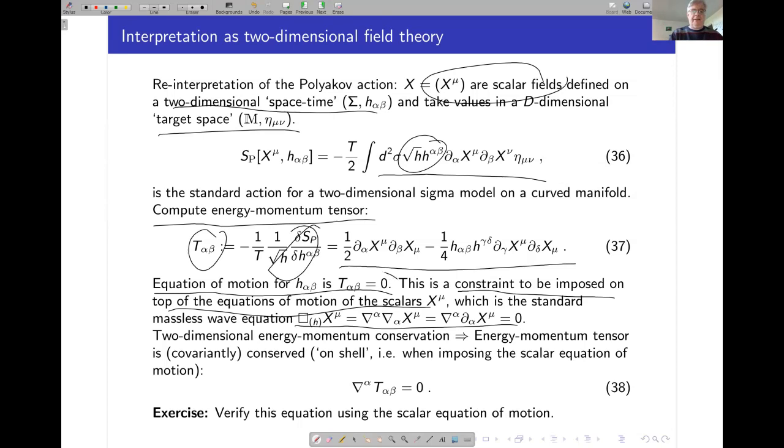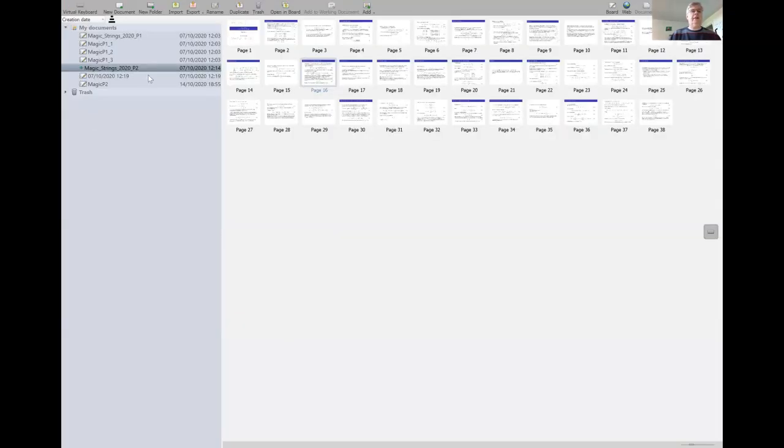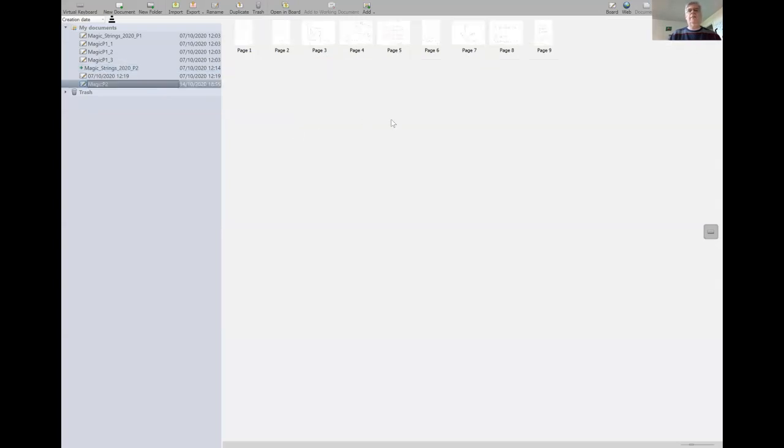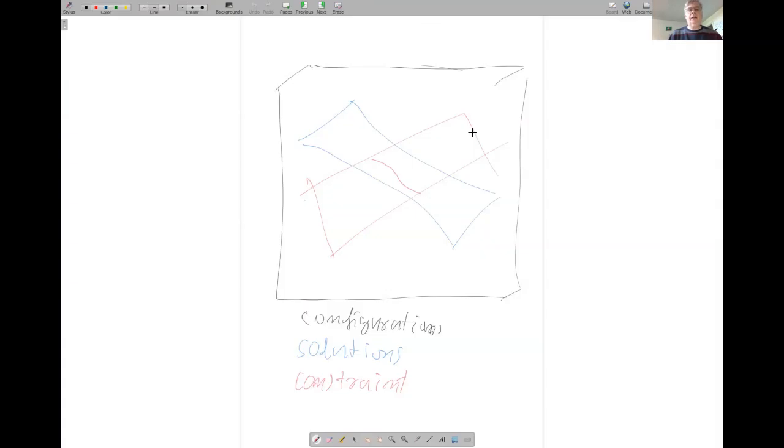So T alpha beta is this constraint that we have to impose, but there's more to learn. Maybe before I come to this point, I indicate the situation with another drawing, because we need to think properly about what these constraints are.